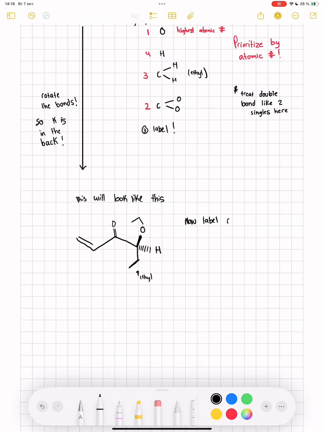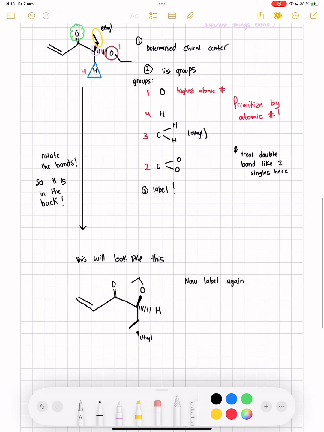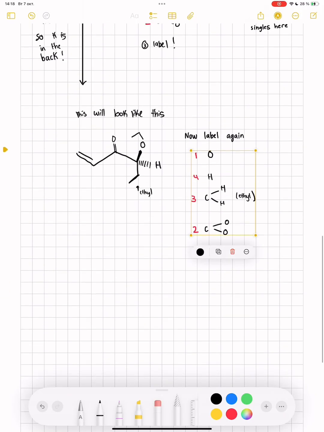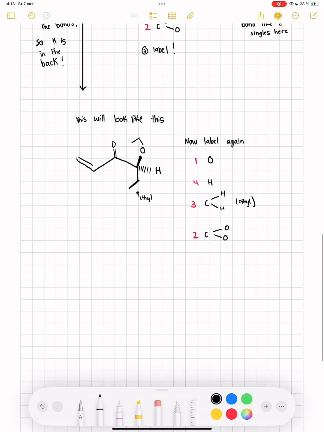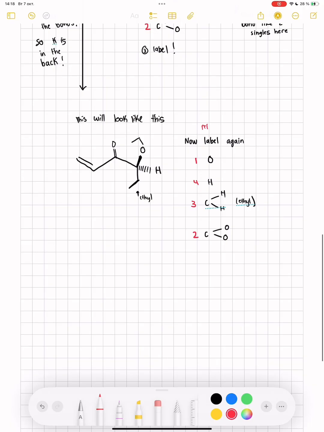We're going to use the same prioritization that I have done here. So I'm just going to circle all of that, copy it, use the same exact thing. Hydrogen is still 4, that oxygen is still 1, that double bond oxygen will be 2, and our ethyl is still going to be 3. Prioritization still stays the same. The only thing we changed is how the structure looks.